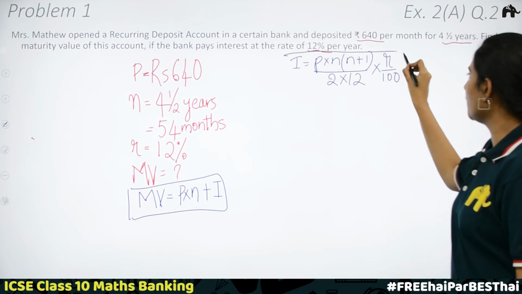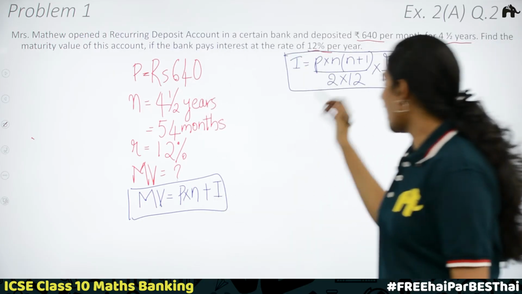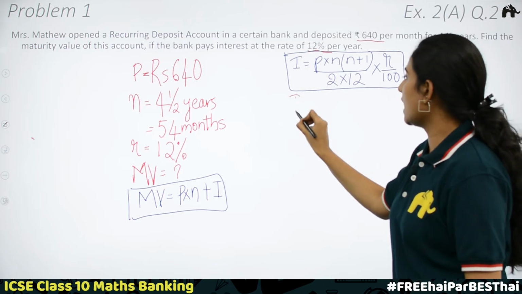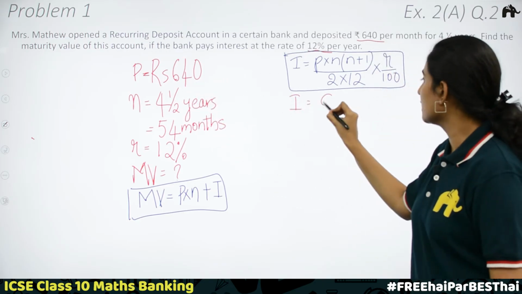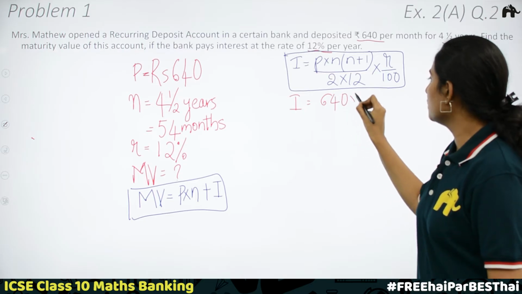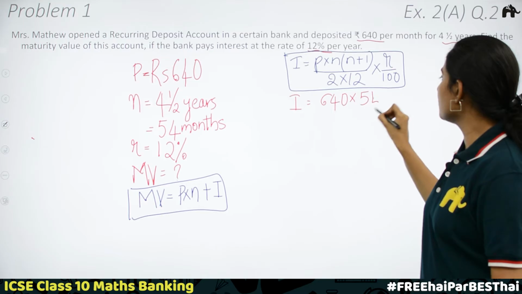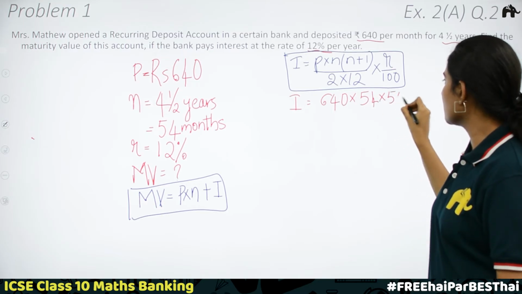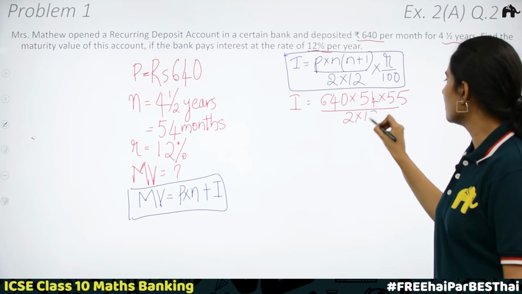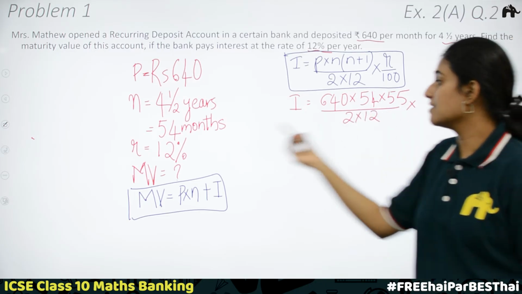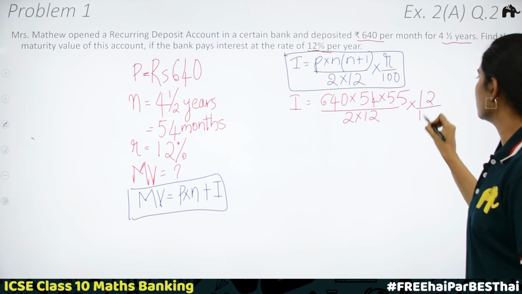This is the formula to find interest. Putting values, we have interest I is equal to P is 640 into N 54, N plus 1 55 divided by 2 into 12 into R by 100. R is 12. 12 divided by 100.